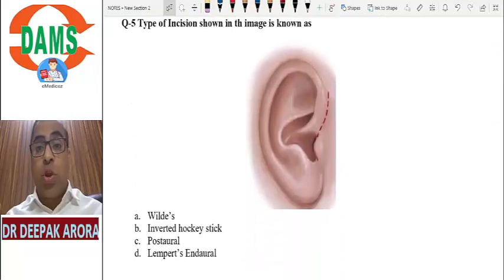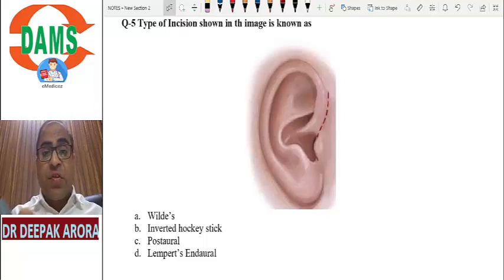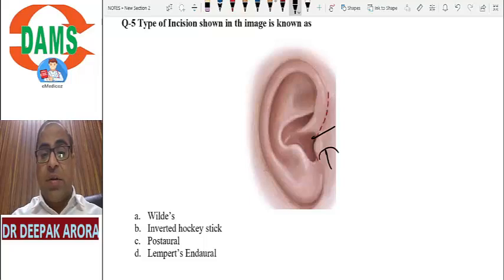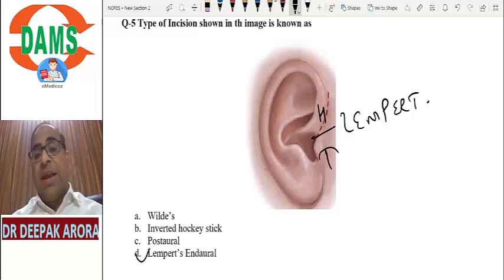Coming to the next one, type of incision. I am showing you an incision at the incisura terminalis. This is my tragus, this is my helix, and in between is the incisura terminalis. If I give an incision here, we call it Lempert incision.